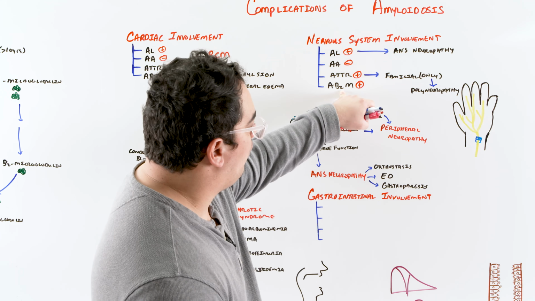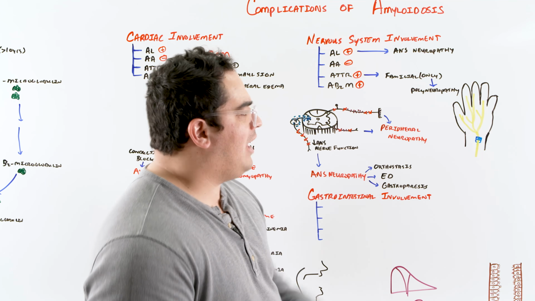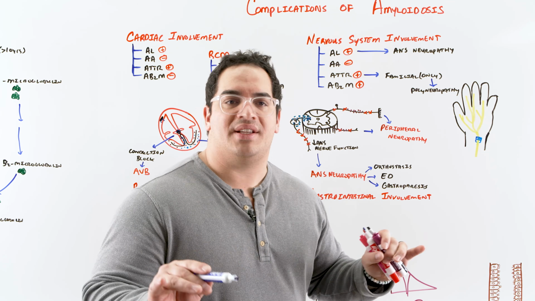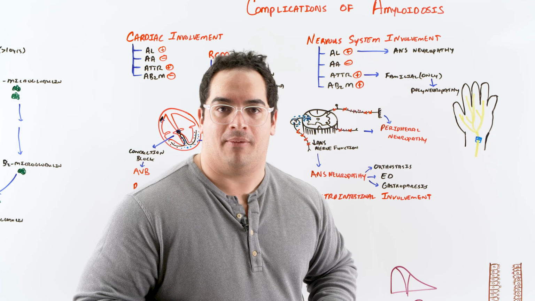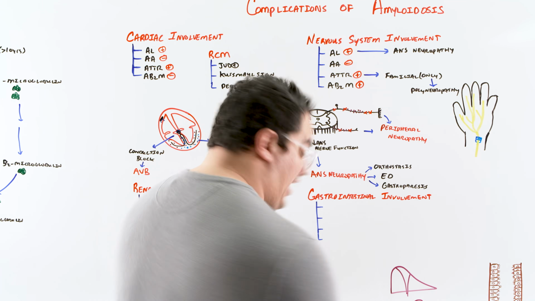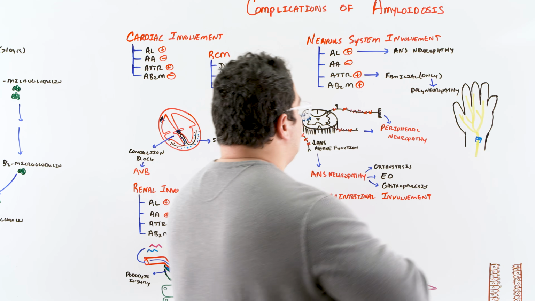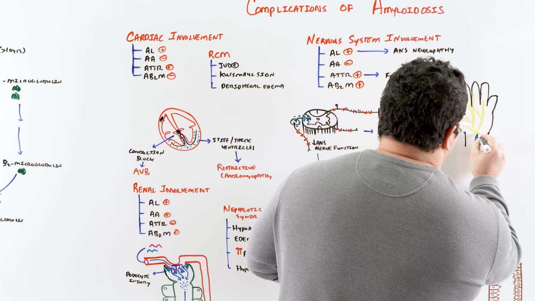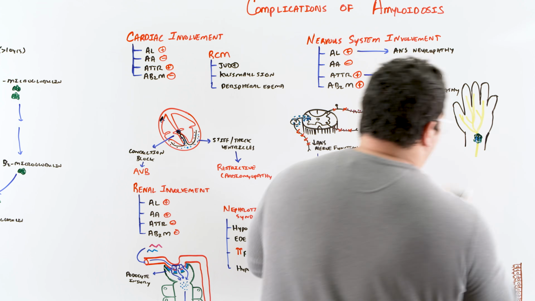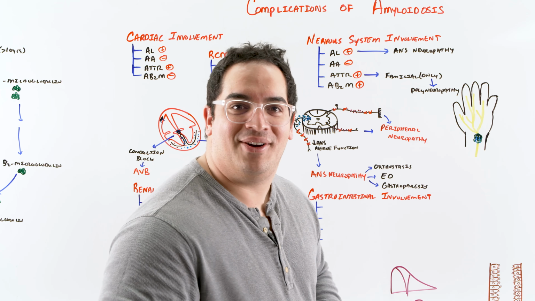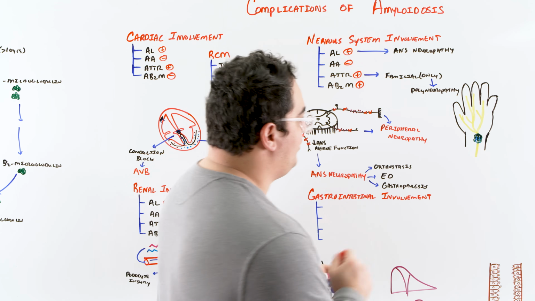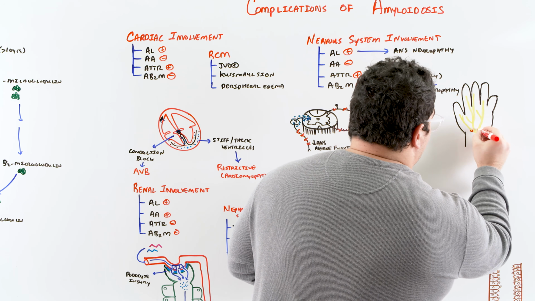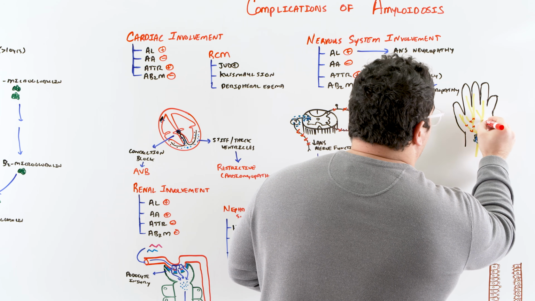This one's the weird one, where these beta-2 microglobulins, for some weird reason, have an affinity for the carpal tunnel. What color did I make? I made that green. These puppies deposit right in here. More of that distal kind of neuropathy there, right around that median nerve. When it does that, can you send signals down this median nerve division?